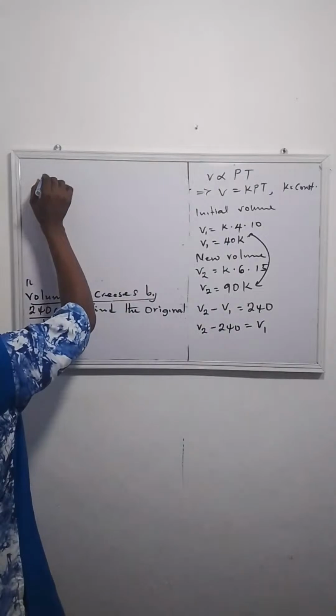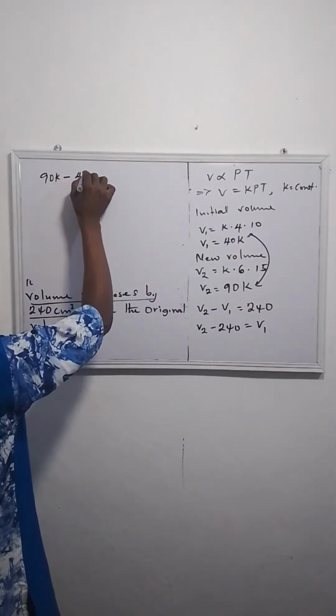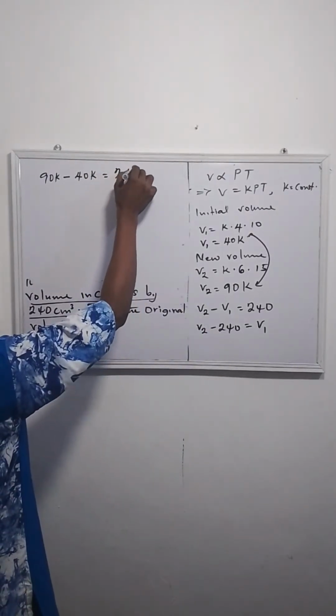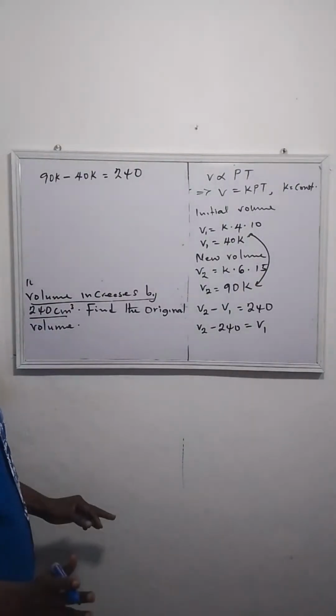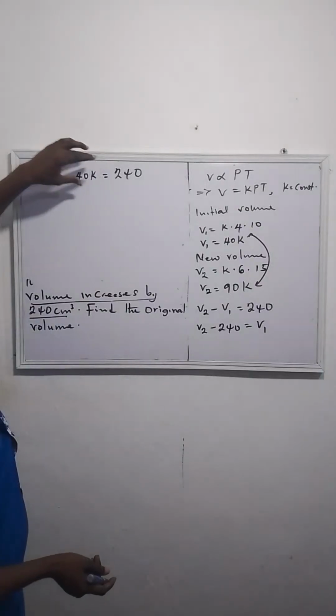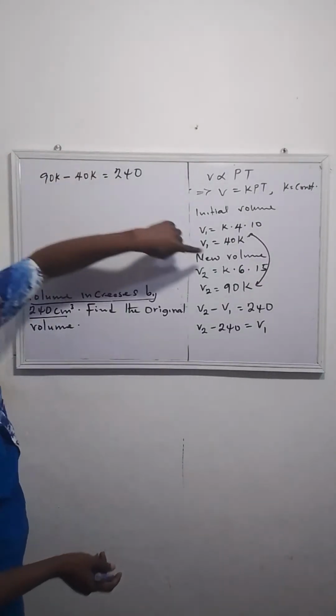So we have 90K minus 40K equals 240. You get that now? Because this is the second volume, V2, and this one is V1 that we have here.